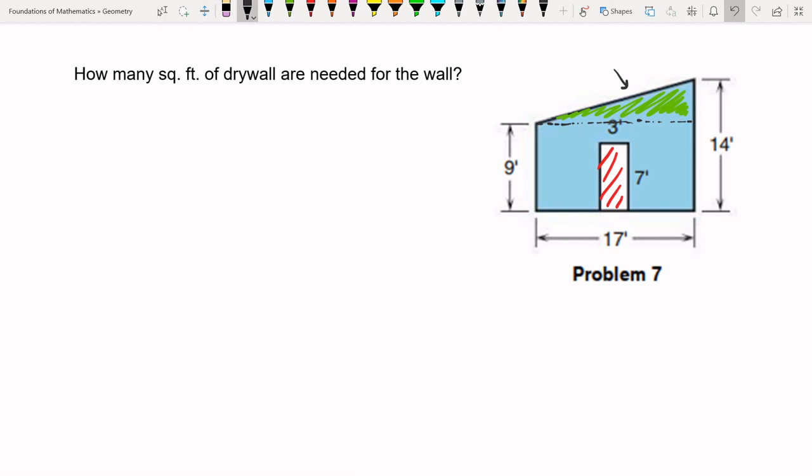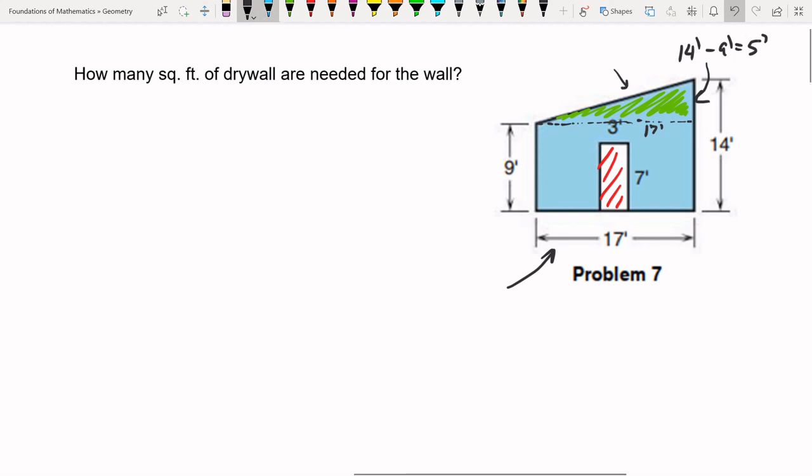We know this length here is 17 feet. That's because this length here is 17 feet. We also know that this length here is 14 feet, the entirety of this thing, minus the height of that thing. So 14 feet minus 9 feet gives us 5 feet. So we know that triangle pretty well.